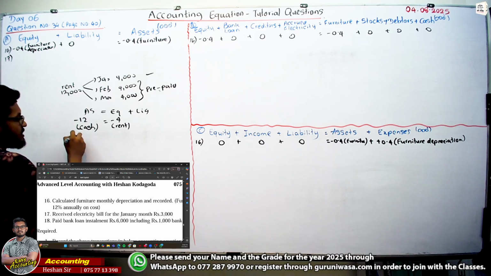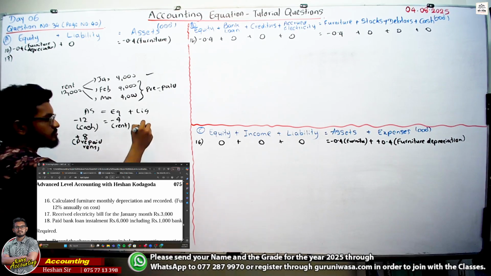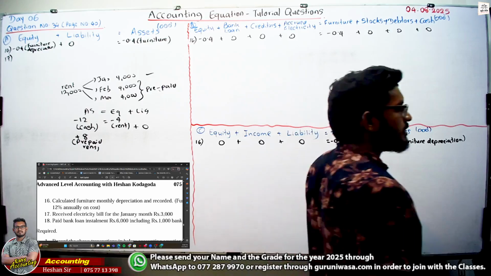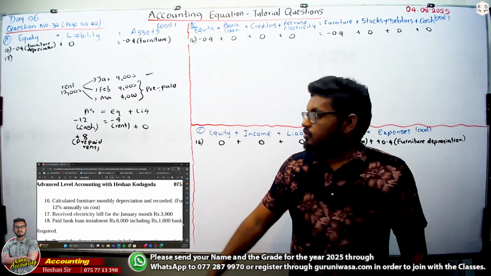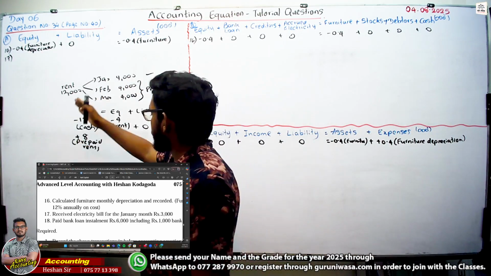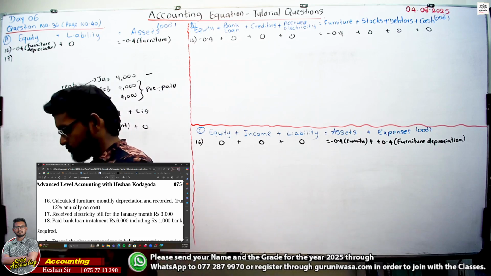The rest of the 8,000 is our asset, prepaid rent. All clear to you guys? Understood? So now you know the net impact is minus 4.